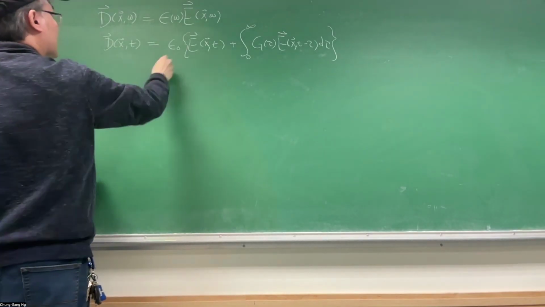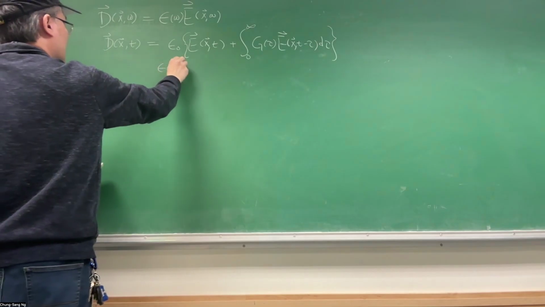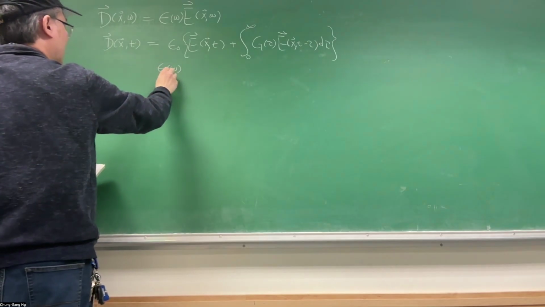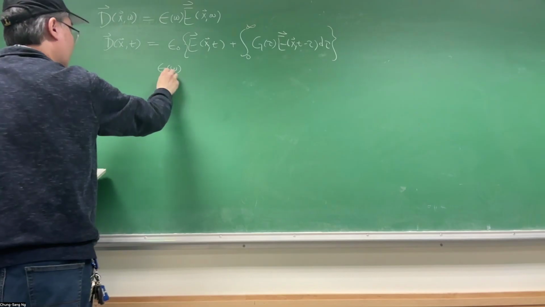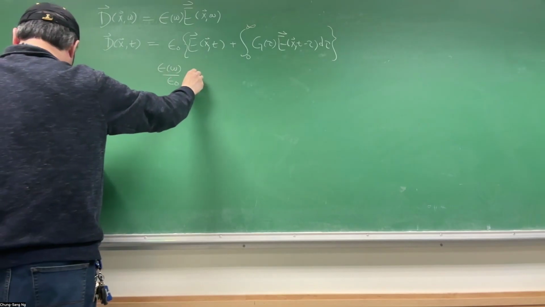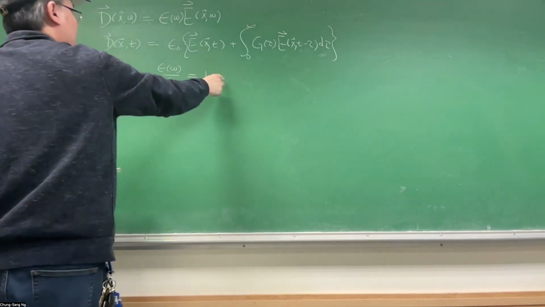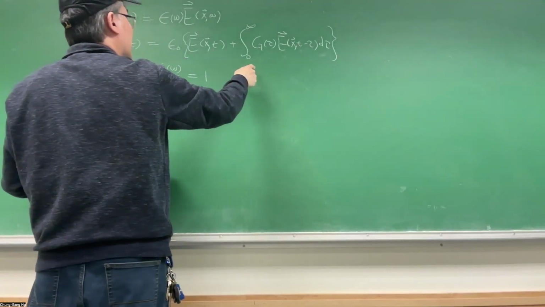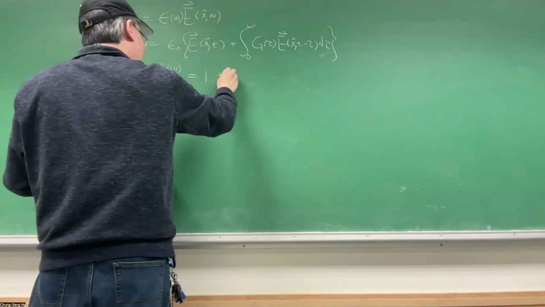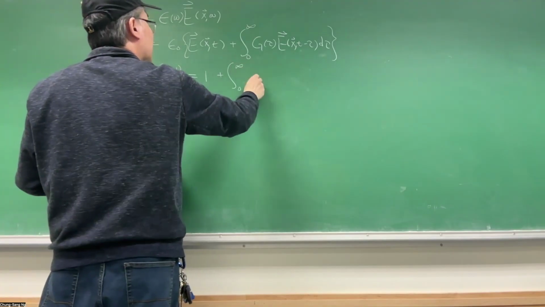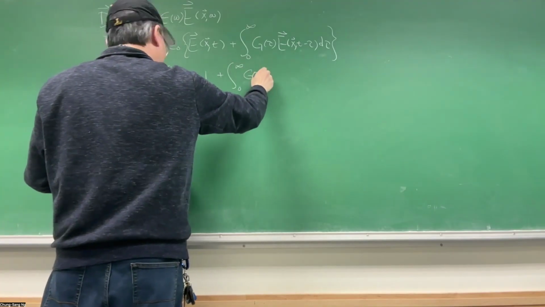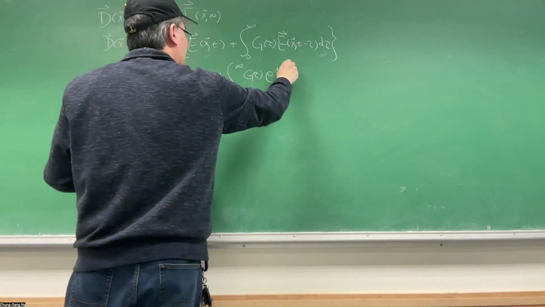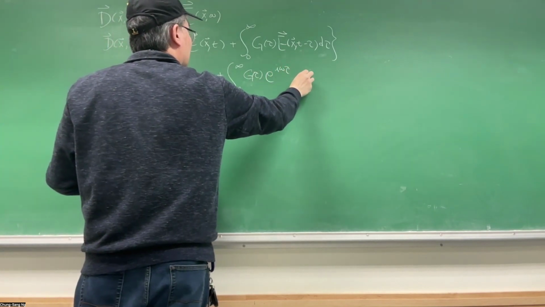We rewrite it: epsilon is like a Fourier transform of something involving this g function. Although again we are separating this term out, so there's a one. It's effectively the same.